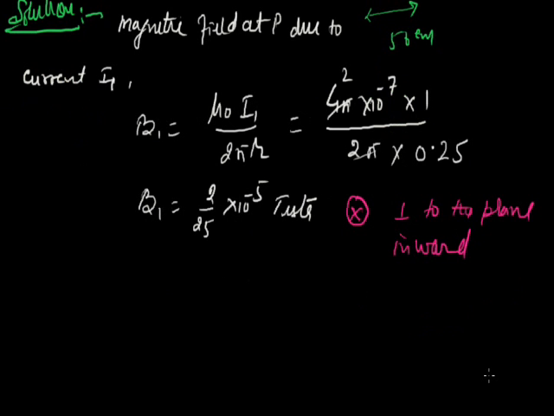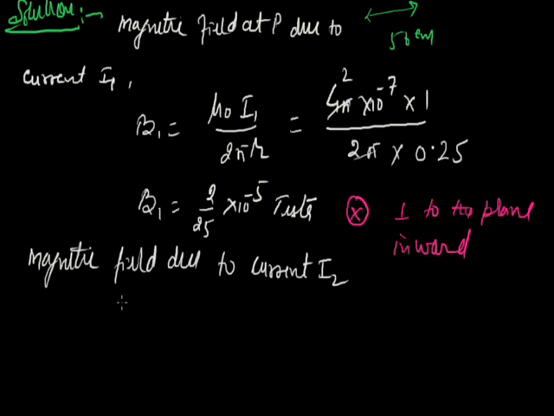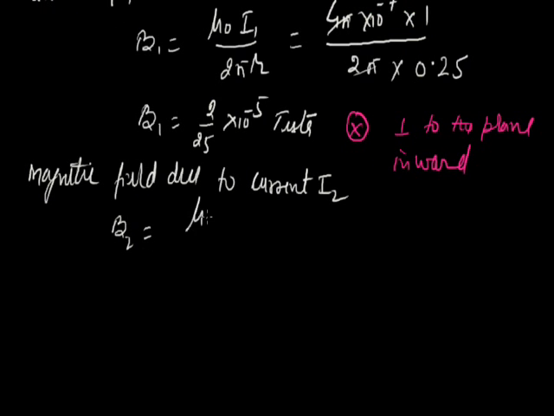Now the magnetic field due to the second wire, the current I2, let's suppose B2, that will be mu naught I2 divided by 2 pi into 0.25.